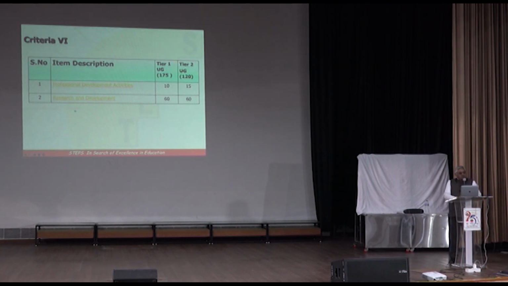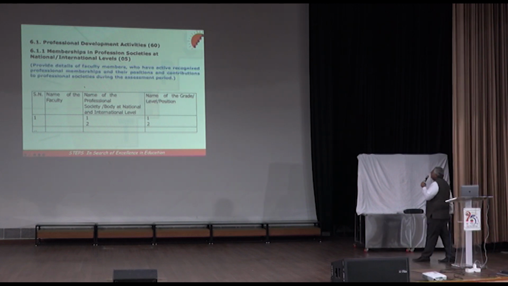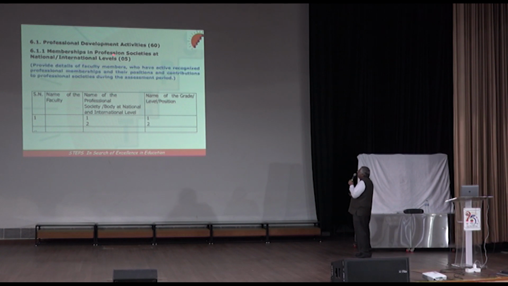Now comes the major part, professional development activities for faculty. Membership in professional societies at national and international levels: name of faculty, name of professional bodies 1 or 2, name of the grade level position 1 or 2 for all the faculty members.